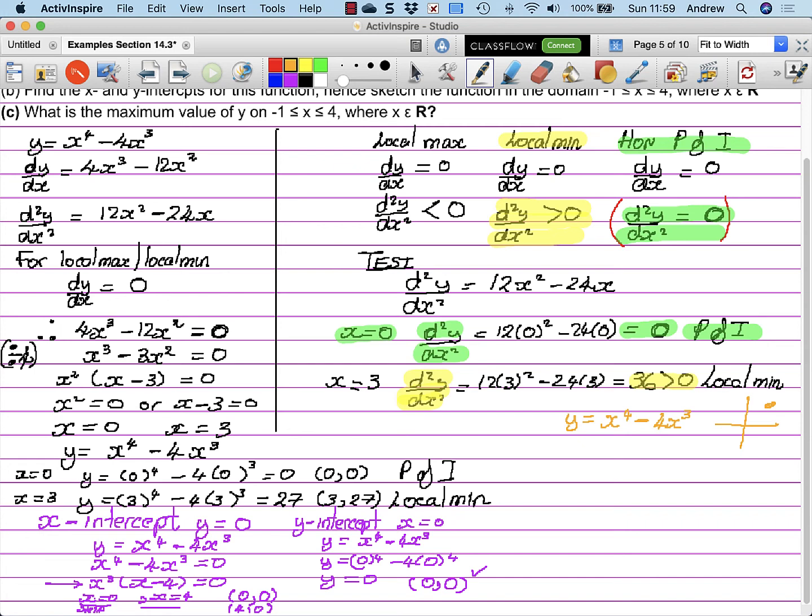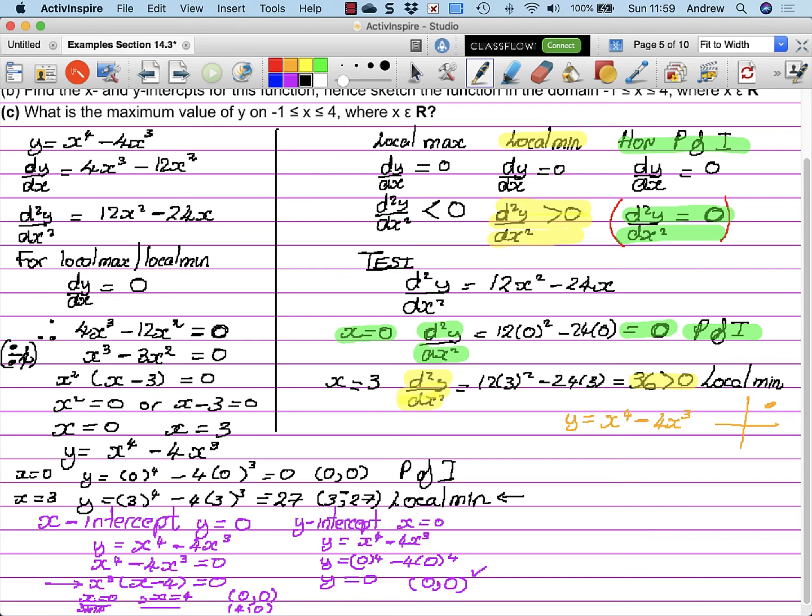It's got a point of inflection at 0, 0, and it has a local maximum at... sorry, I made a mistake. When you input 3 into this, it's not plus 27, it's minus 27.